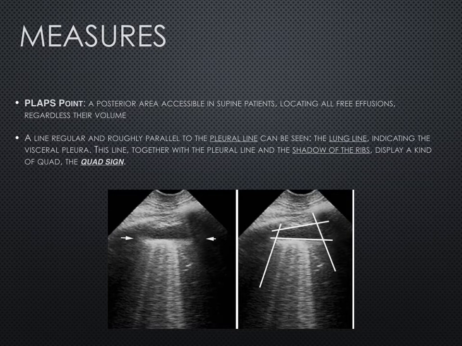So, although pleural effusions are most easily identified within those dependent lung regions, which we've discussed before, so at the diaphragm level, trying to look for the greatest size either on the lateral chest wall or posteriorly and inferiorly, looking for the largest point.